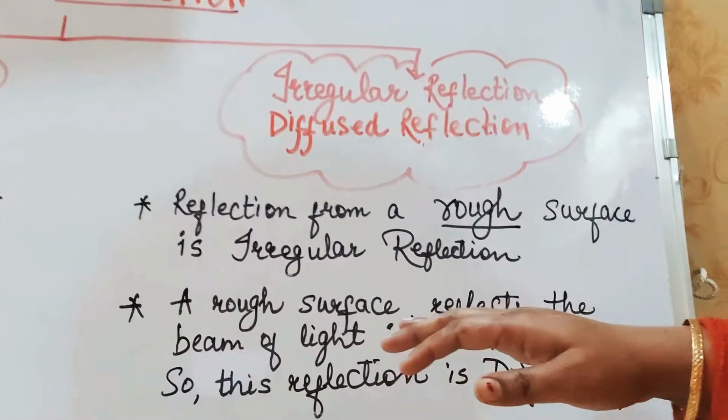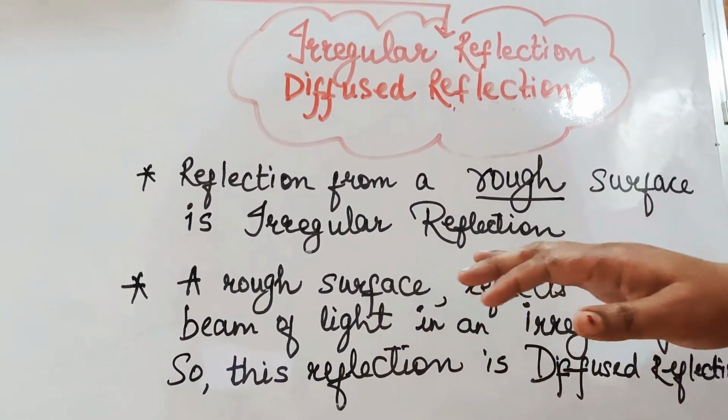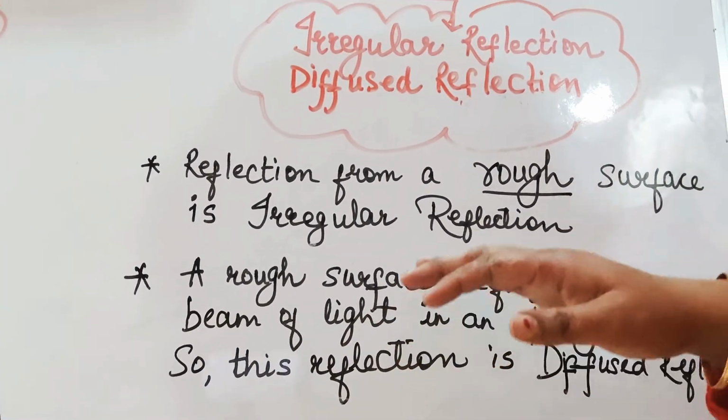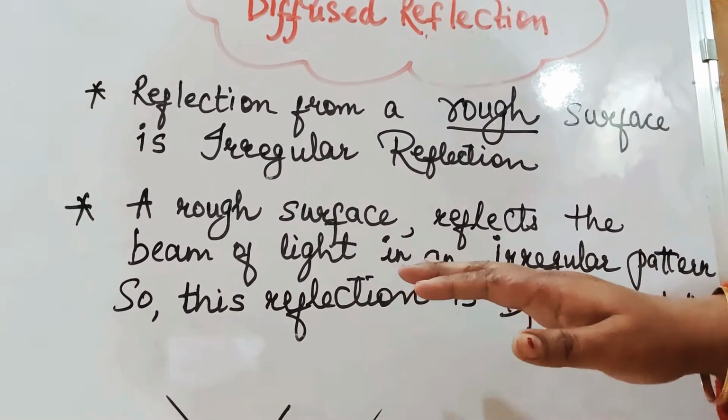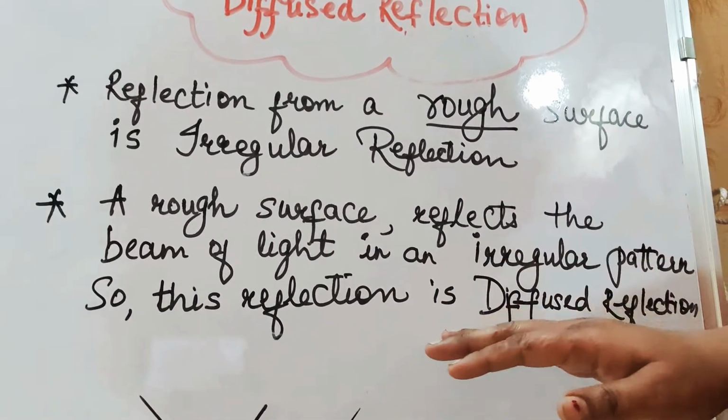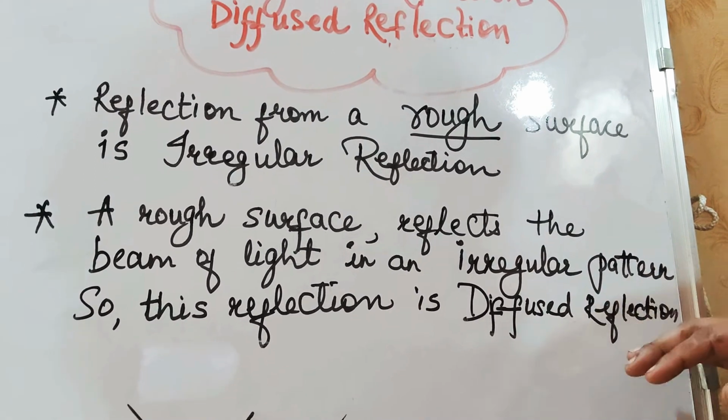Now, when a rough surface reflects the beam of light, then the pattern is irregular in nature, and it is also called a diffuse reflection.